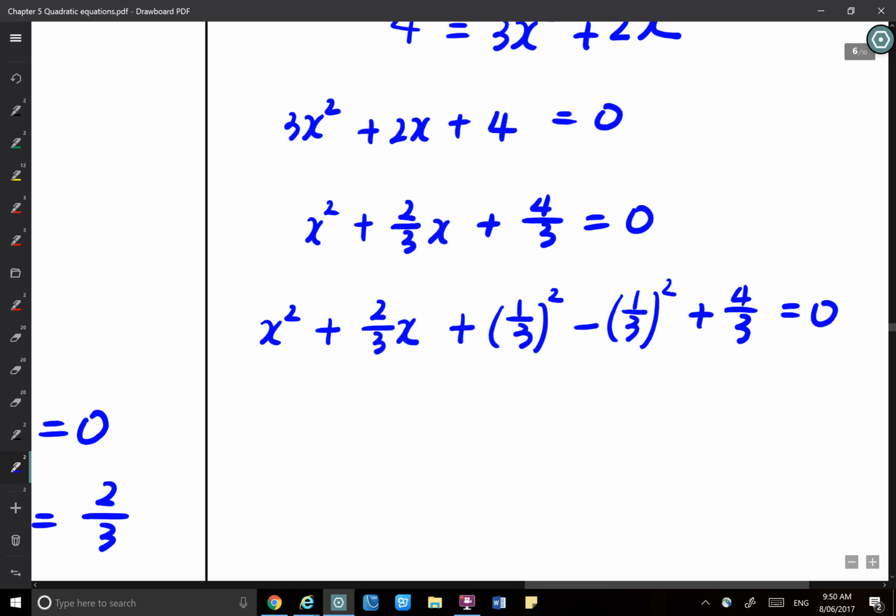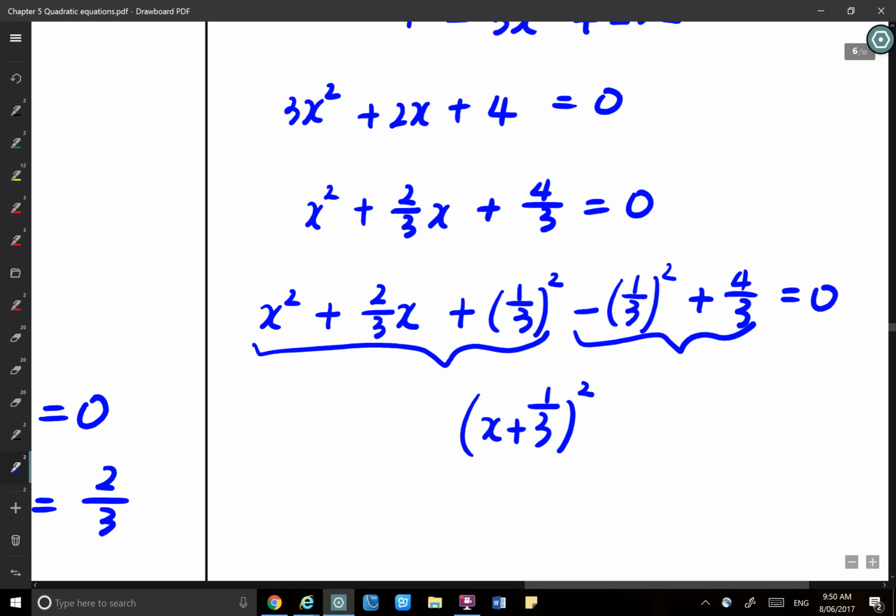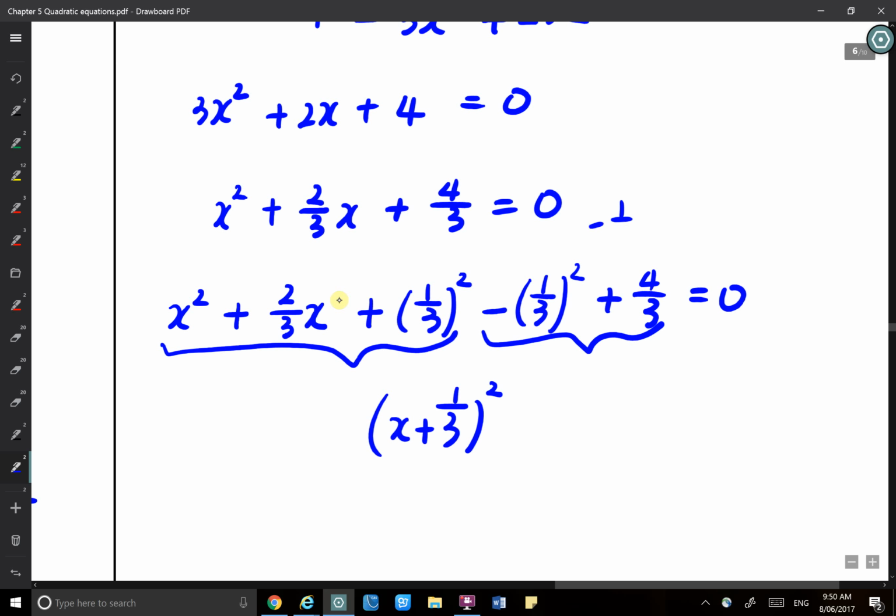And that equals to 0. So the first 3 terms become x plus 1/3 squared. Okay, that's minus 1 on 9. 4 on 3 is 12 over 9. That is a plus 11 over 9 equals to 0.